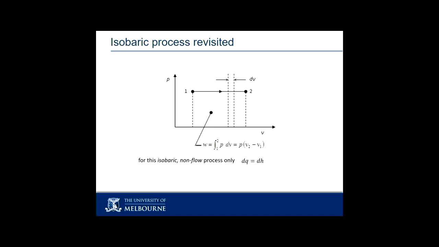Now I can say that dq can be talked about in terms of the change from one property to another for this isobaric process. That's a neat result, because now from state 1 to state 2, by defining the process, I've got my heat transfer.